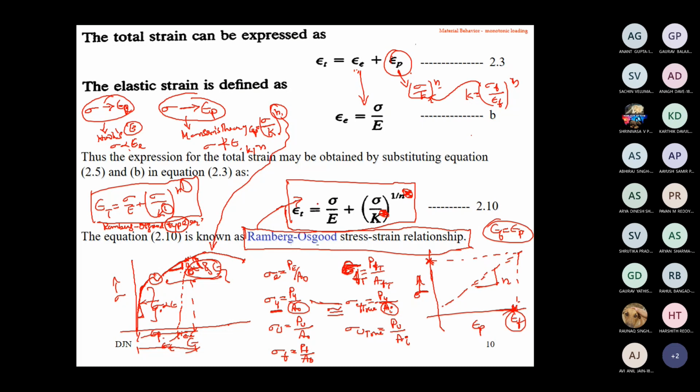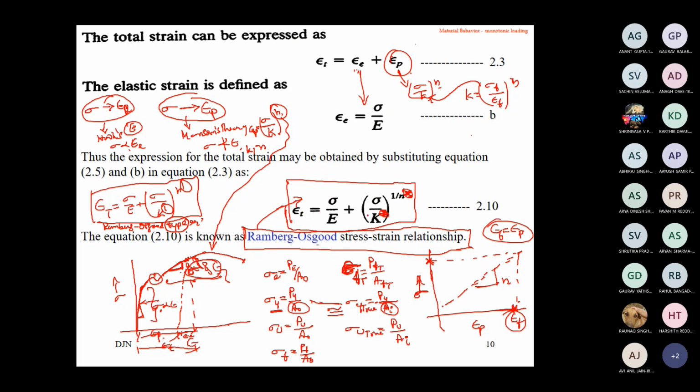Ramberg-Osgood equation is a relationship between stress and strain in the plasticity region, which involves the elastic part and the plastic part. Total strain is related to the total stress, and that equation has been developed for the monotonic case.